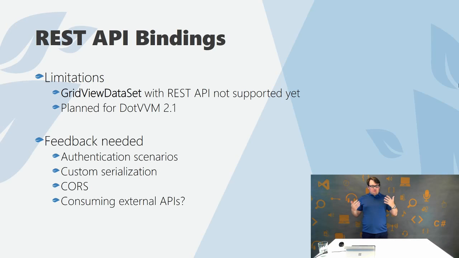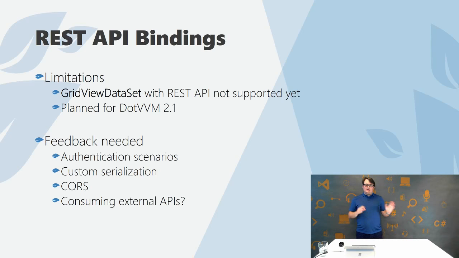Basically, you could send your sorting and paging settings to the REST API, and the API would return a GridView dataset. So the GridView and data pager and everything would work. This requires deeper changes in the way data pager and GridView work.